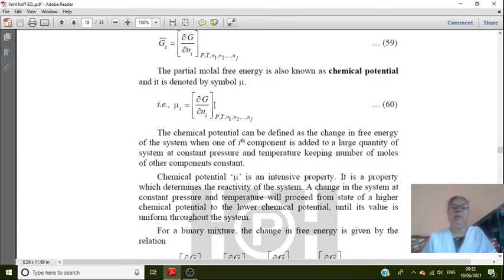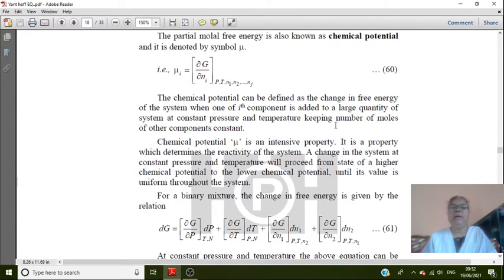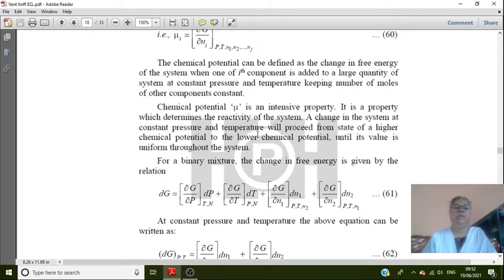Then the chemical potential can be defined as the change in free energy of the system when one mole of the ith component is added to a large quantity of the system at constant pressure and temperature, keeping the number of moles of other components constant.